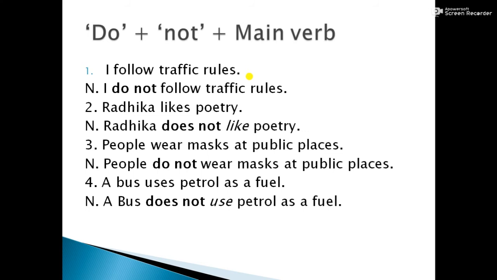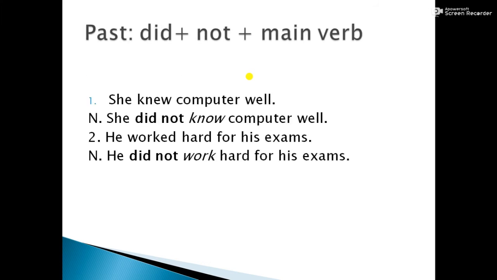If you remember this simple formula, then the grammar exercises will be quite easier than you think. Now, if it is the past tense with only a main verb, what to do? The formula will be did, irrespective of whether the subject is singular or plural.